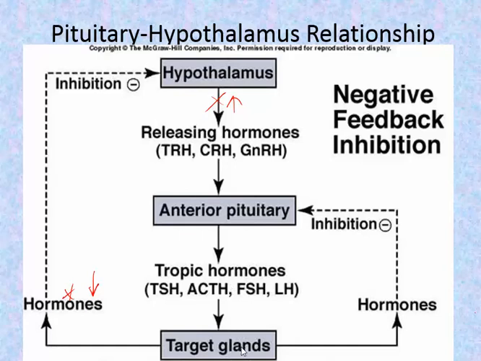Once these glands release their hormones, those hormones being present inhibit the hypothalamus from producing, and they also inhibit the anterior pituitary from putting out those hormones. So if they're present, the anterior pituitary won't do anything. When they're not present, the hypothalamus releases some hormones that cause the anterior pituitary to release its hormones.